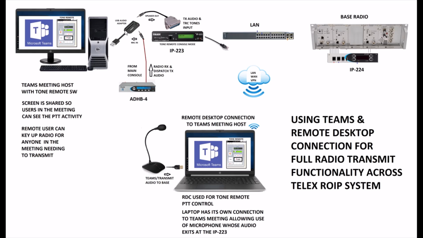We feed that into the sound card here so that anyone attending that meeting can monitor the radio traffic that's happening. So that was the original system, and it was just one-way, monitor only.